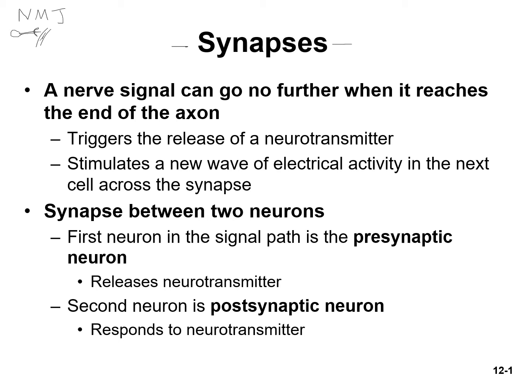So the neurotransmitter is going to essentially diffuse across a synaptic cleft, and then it's going to be received by special proteins on the plasma membrane of the cell that is the postsynaptic cell. So ultimately, this is going to stimulate a new wave of electrical activity in the next cell that's across that synapse.